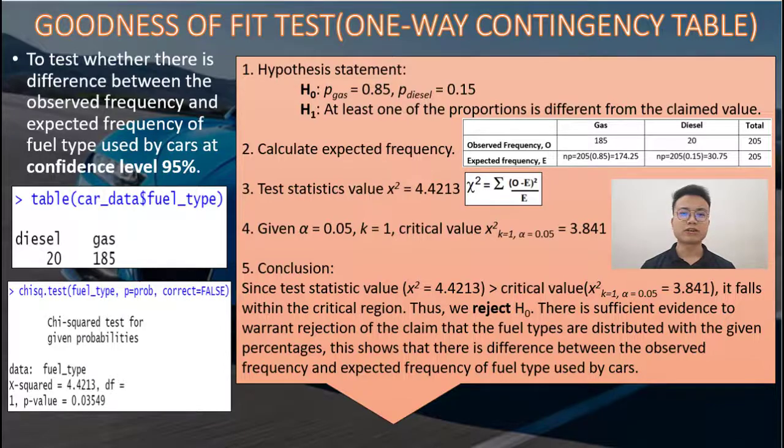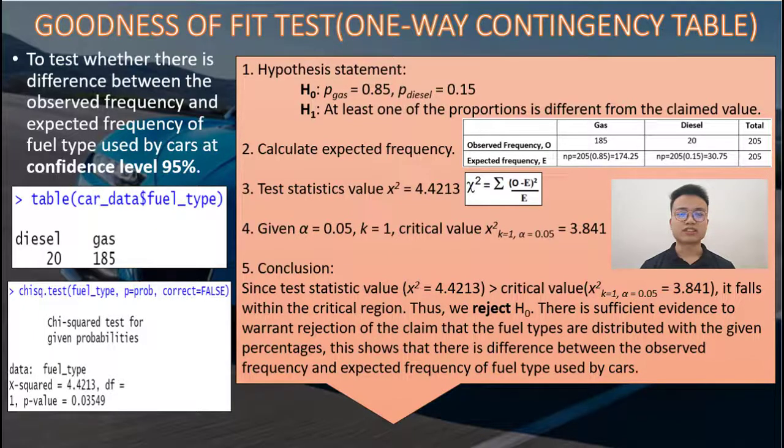Next, we'll calculate our expected frequencies by using the formula n multiplied by p. And from the expected frequencies, we can then calculate our test statistic x squared, which equals 4.4213. And finally, from the chi-square table, we can get our critical value x squared, which equals 3.841. So now we'll state our decision.